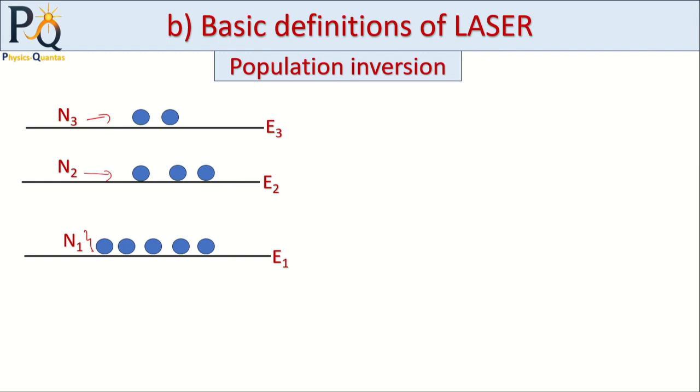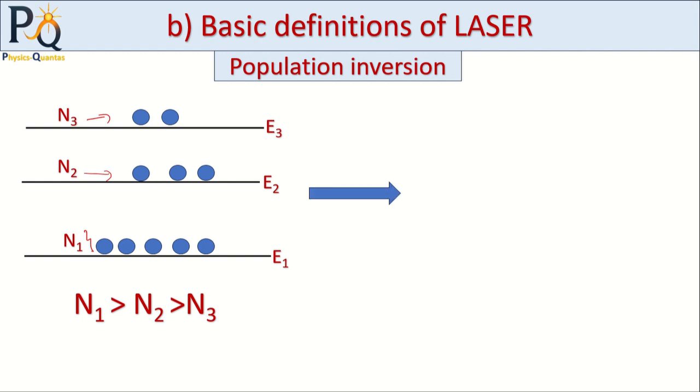Normally in any system, more particles are available in lower states than higher states because of stability. The ground state is more stable, so more particles are available in the E1 state. So we can write N1 is greater than N2, N2 is greater than N3. Means more particles in E1 than E2, more particles in E2 than E3.